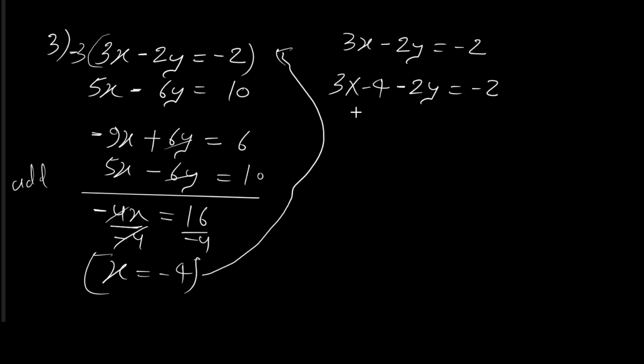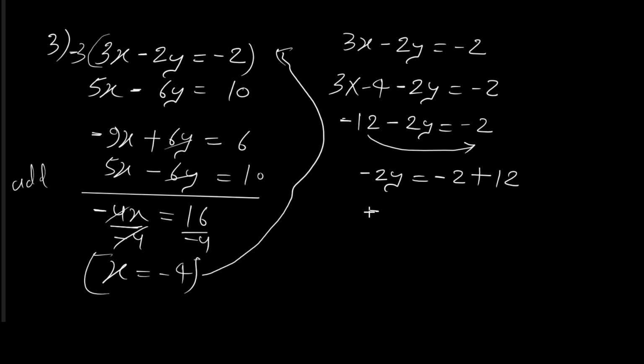So 3 times negative 4 gives us negative 12, minus 2y equals negative 2. So I'm going to take this 12 to the right side of the equation. So we have negative 2y equals negative 2 plus 12. So negative 2y equals 10.